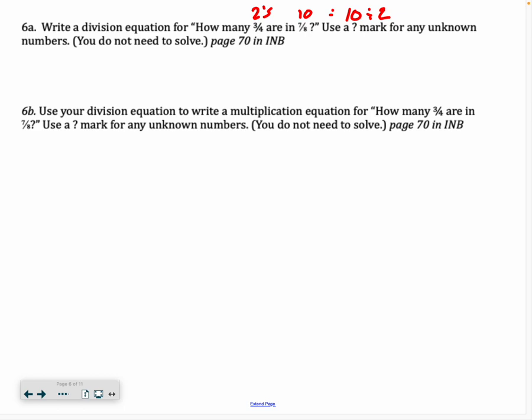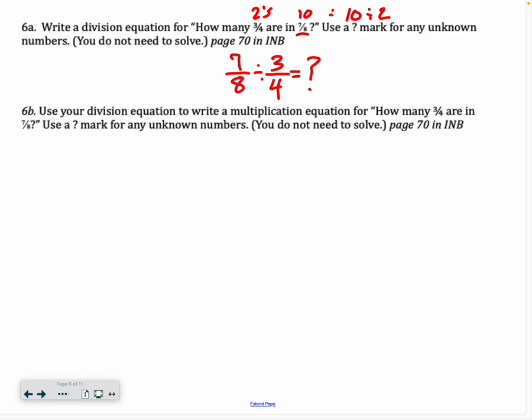So when I compare that to this problem, how many 3/4 are in 7/8, because we did that example one, we can see that we're going to start the equation with that 7/8. And we're going to divide by our group size, 3/4. And we don't know what the answer to that is, so we're just going to put a question mark.